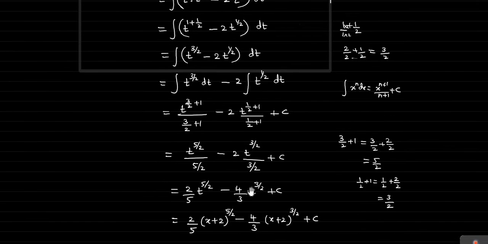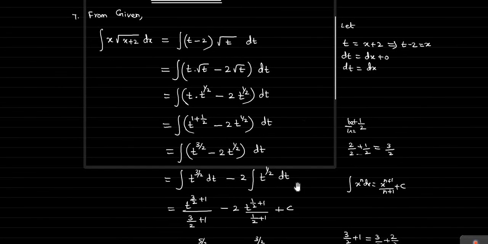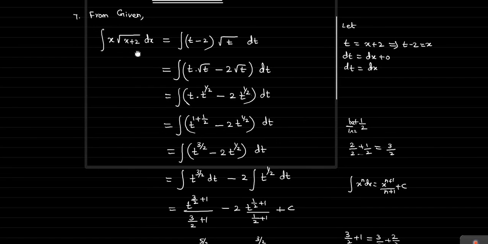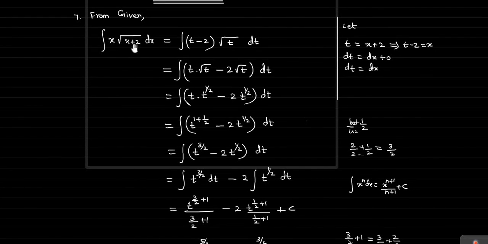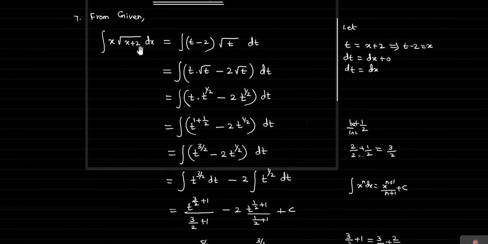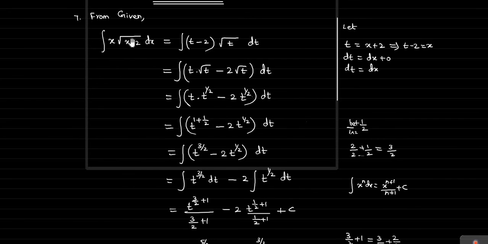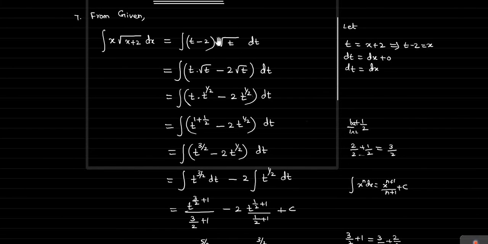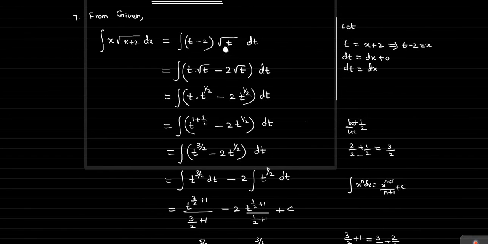That's all this sum. So what did we do here? It is not in the standard form. Also, we cannot simplify it because inside the square root we have two terms, so x cannot be taken inside, right? So inside the square root term, I assumed it as t, and then the whole x terms I changed in terms of t.